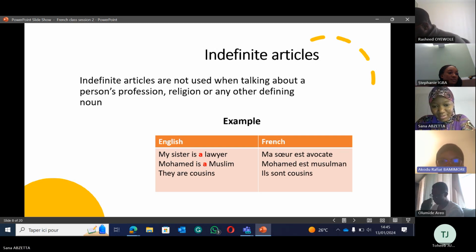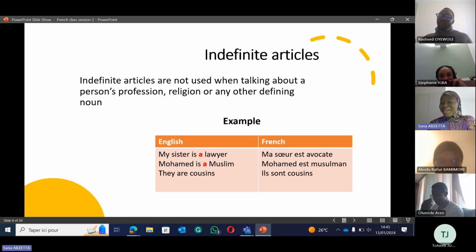But in French, you don't have to put the article, like we learned earlier. You just go straight, like my friend is engineer, instead of adding he's an engineer. Yeah, that's it. You got it. Thank you. Okay.